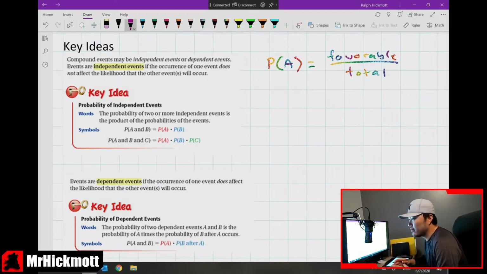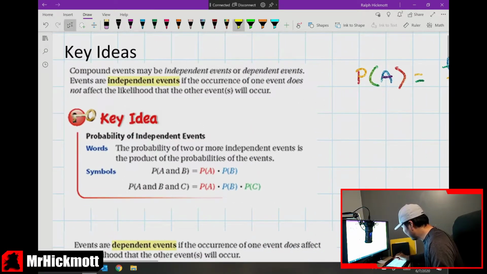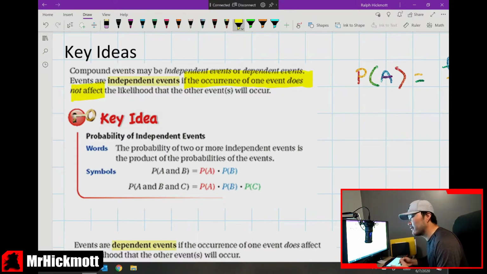Independent basically means that if something happens and then something else happens afterwards, the second thing that happens is not affected by the first thing that happens. I know that sounds really complicated, but we'll talk about that with some examples. The official definition is that it's an independent event if the occurrence of one event does not affect the likelihood that the other event will occur.